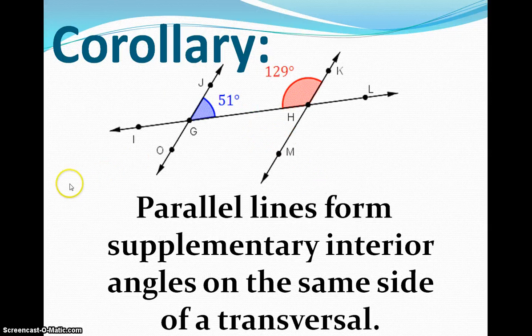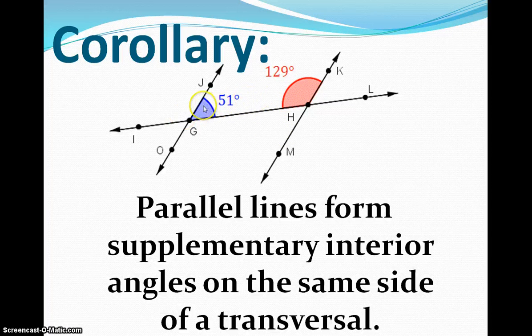Second one, which again comes as a basic idea from what we've learned before: parallel lines form supplementary interior angles on the same side of the transversal. Again, that's a mouthful, but if I know that my two lines are parallel, and the angles are on the inside of my parallel lines and on the same side, not alternating, I know that those two would add up to 180 degrees, which are supplementary.